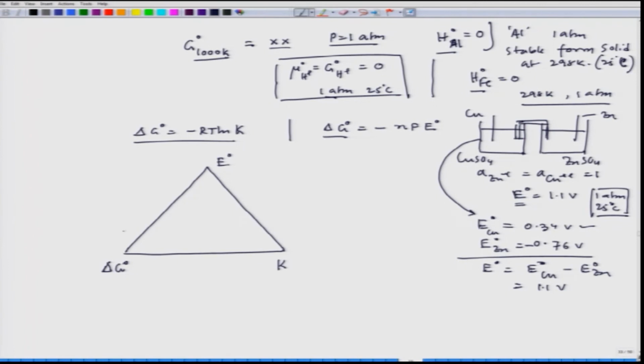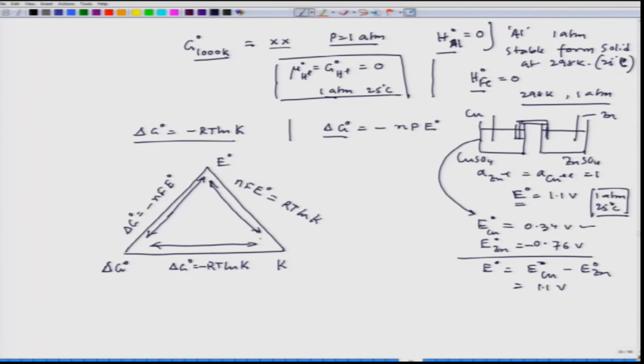Now, let us see the relation: delta G 0 equal to minus nF E 0, and delta G 0 equal to minus RT ln K. So, on this side we can have nF E 0 equal to RT ln K. So, now we have the relation between these two, and the relation between these two.